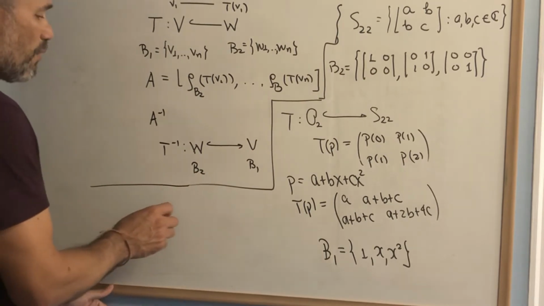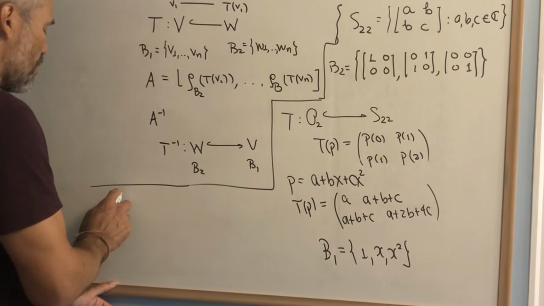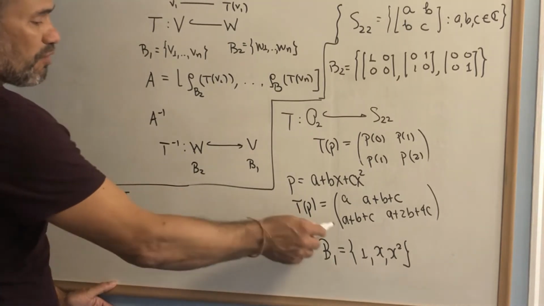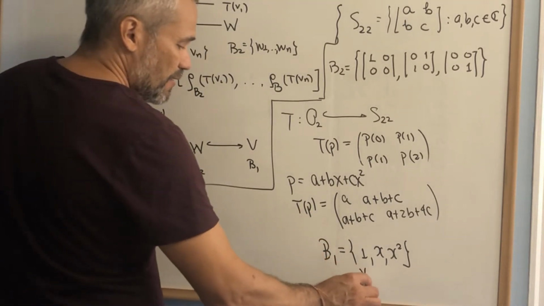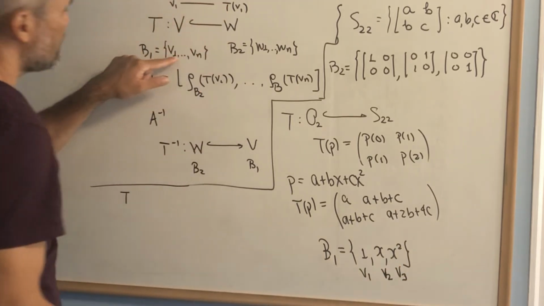To compute the first column, we evaluate T of b1. Remember, this is b1, b2, and b3, just as here.